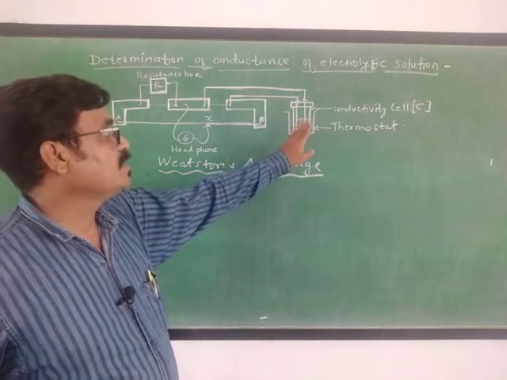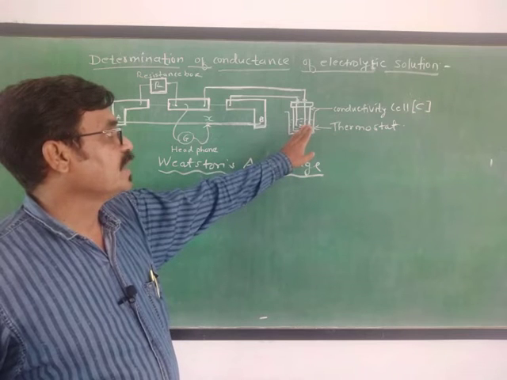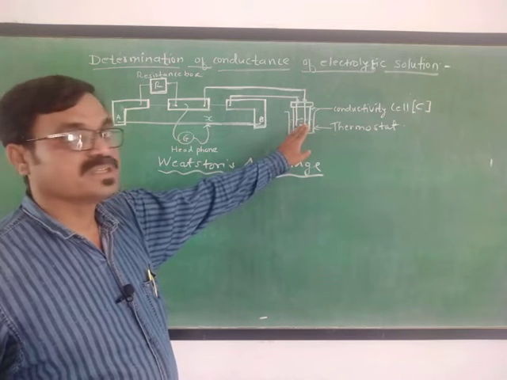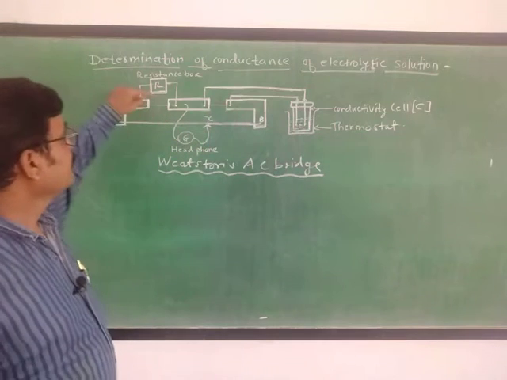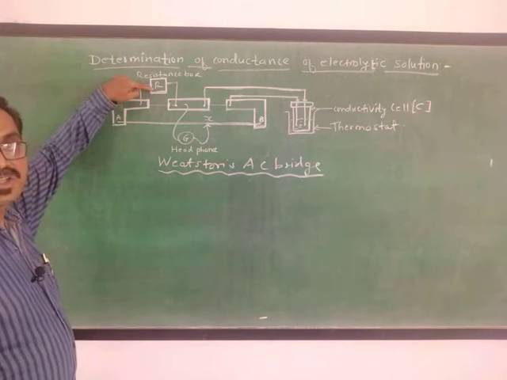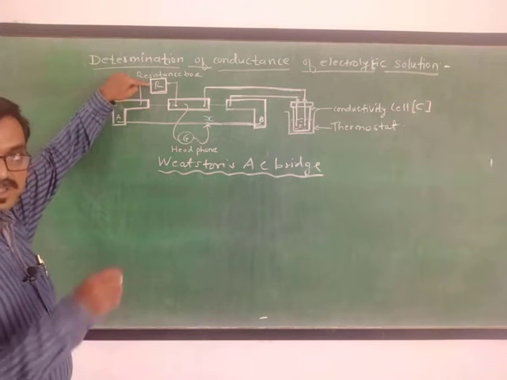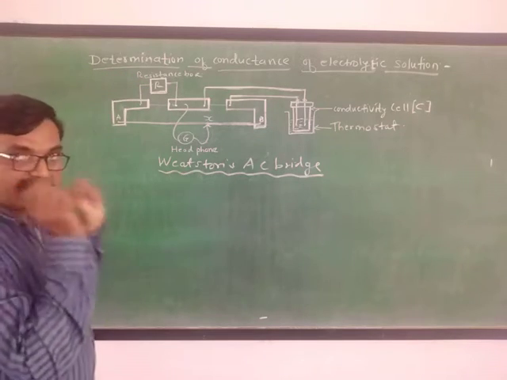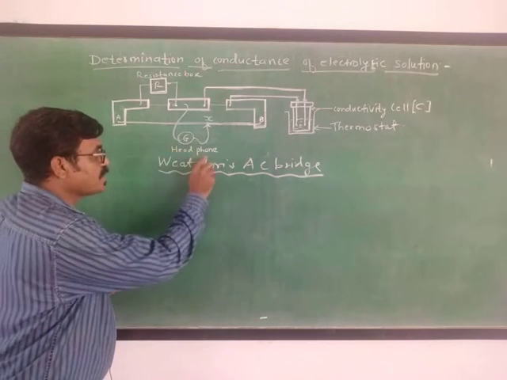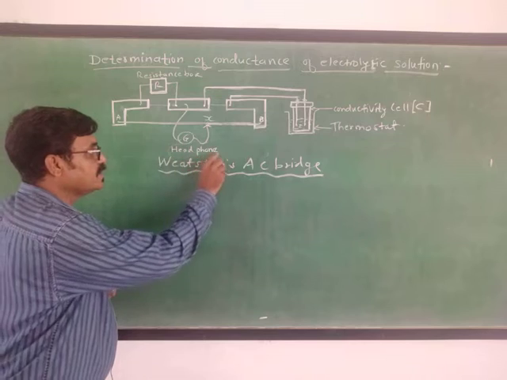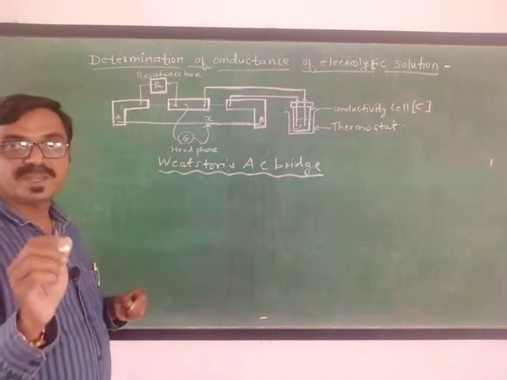After passing current and after development of the resistance in this solution, resistance from this resistance box is removed in such a way that the sound observed in this headphone is minimum.